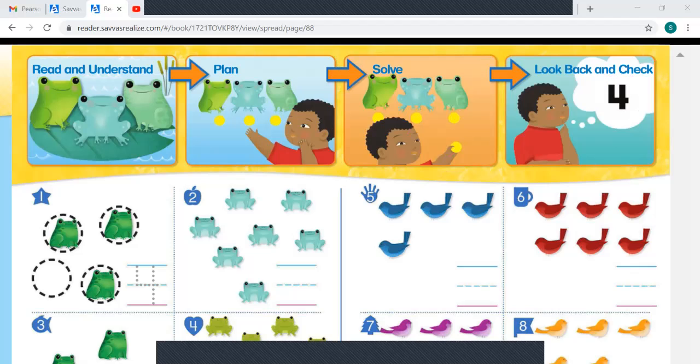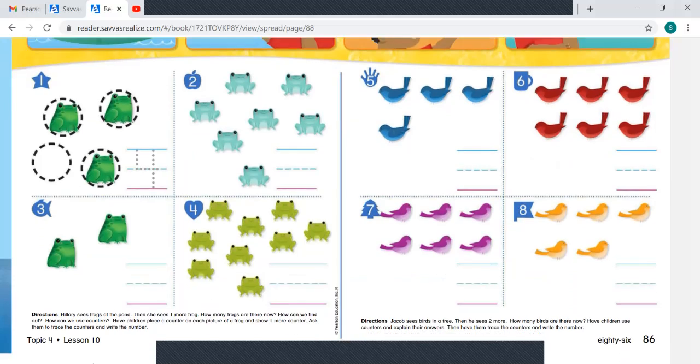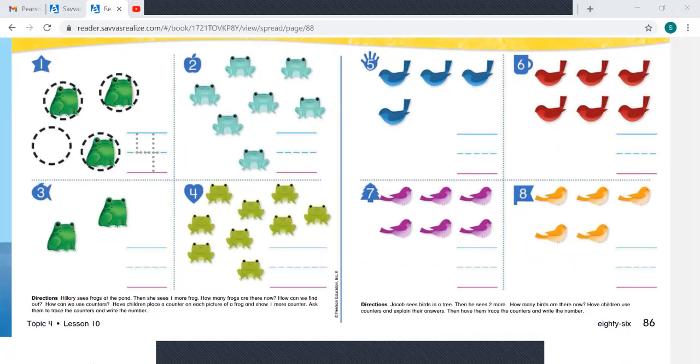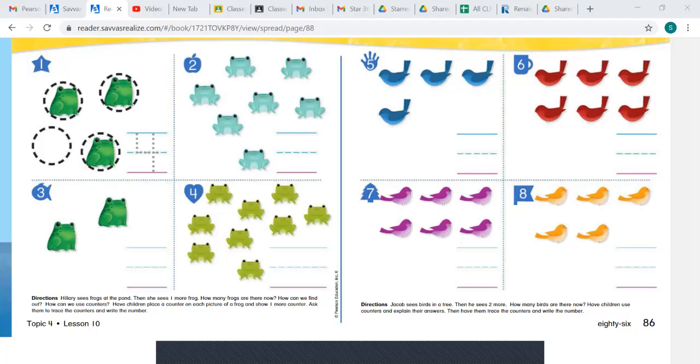All right, let's do problem number 1 together. We'll do all of them together. Okay, so right here it says Hillary sees frogs at the pond. Then she sees one more frog. How many frogs are there now?